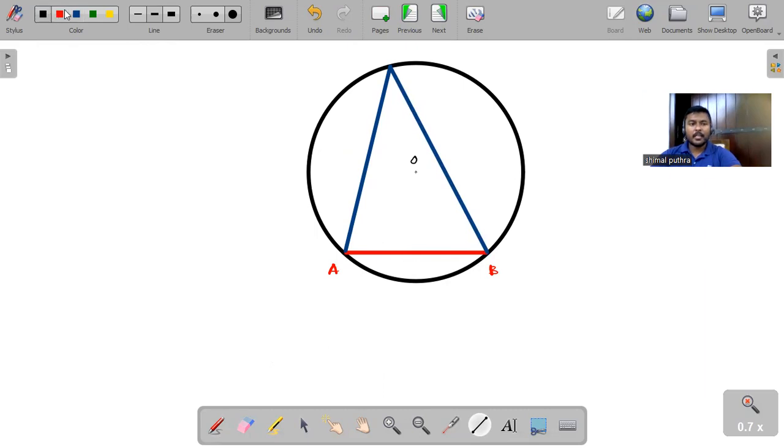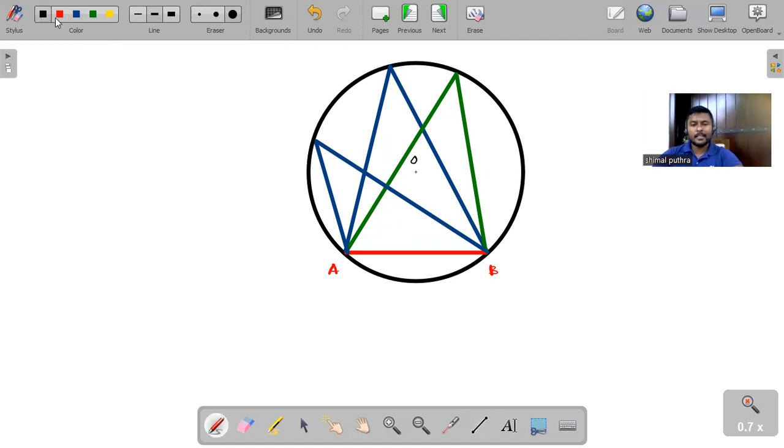Then I will create another angle using the same chord AB on the circumference at another point. And I will create another angle using the same AB on the circumference at another point. There is something I have to tell you. These angles are all equal.